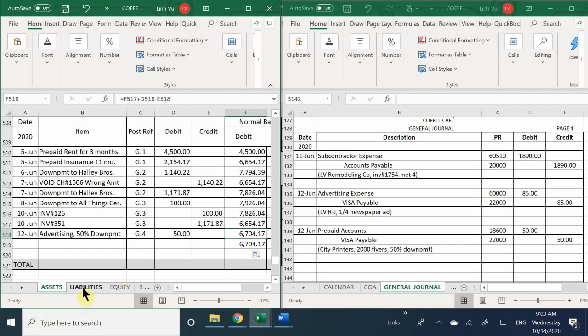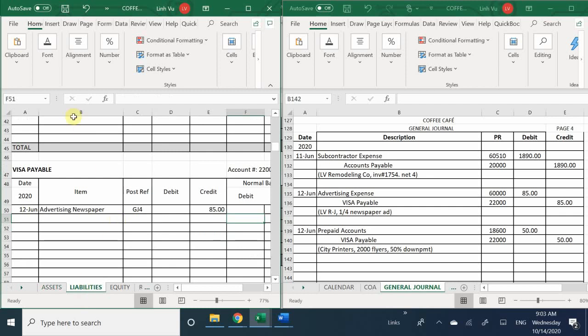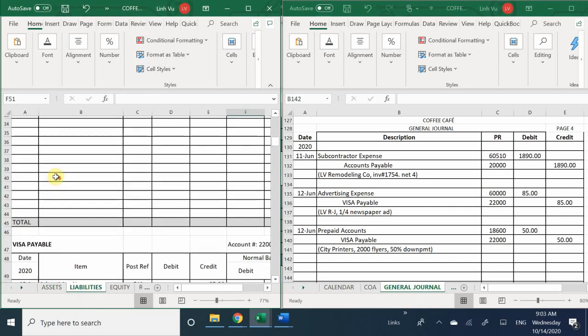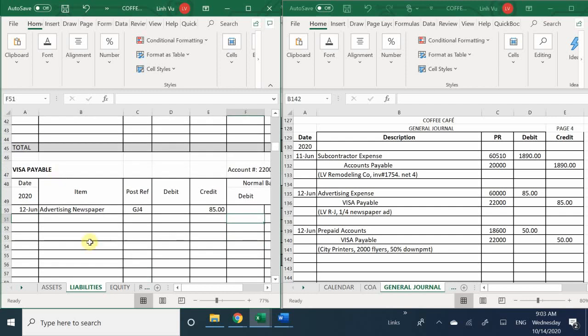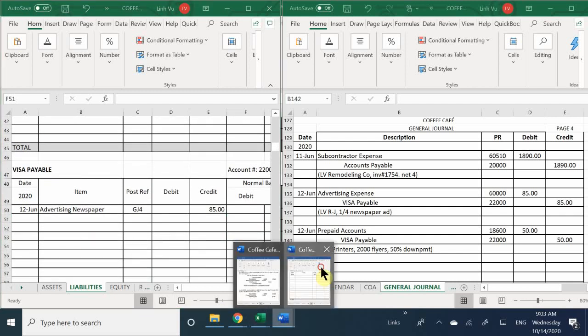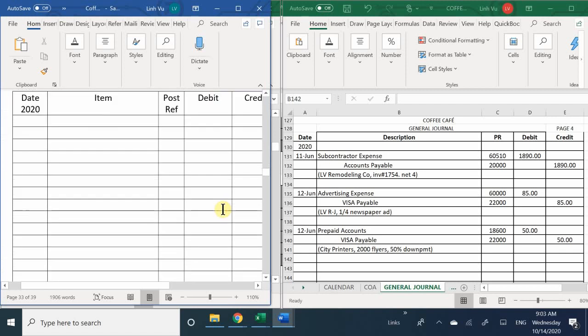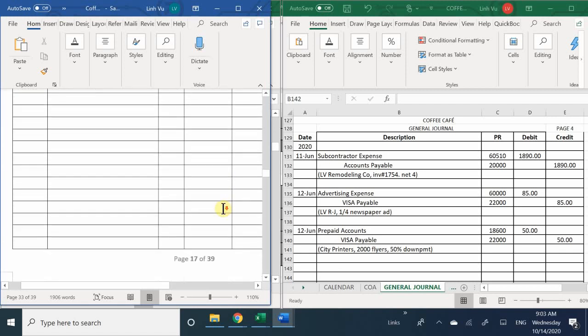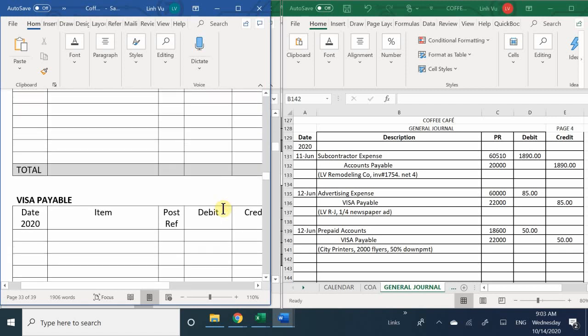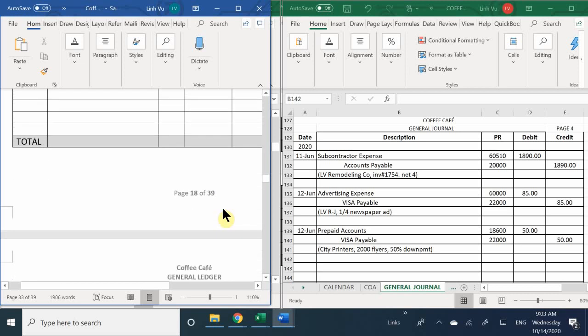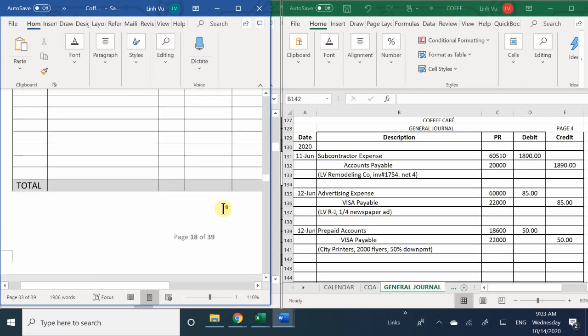And then I'm going to move on to my liabilities, going back to my Visa payable, which should be on page 18. Let me go ahead and find it. Here's accounts payable, here's Visa payable, and it's going to be on page 18.